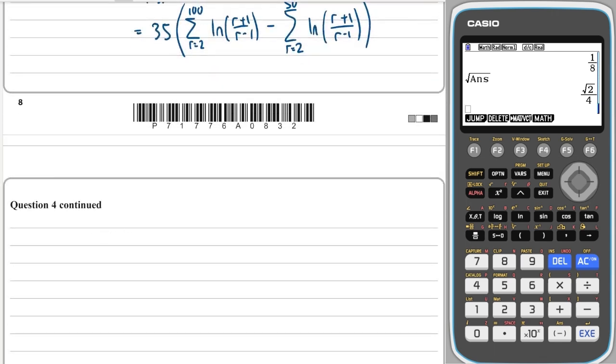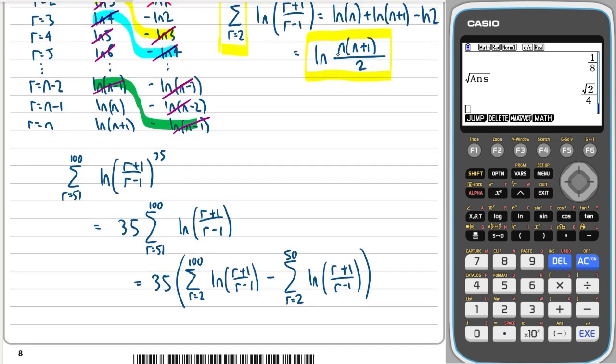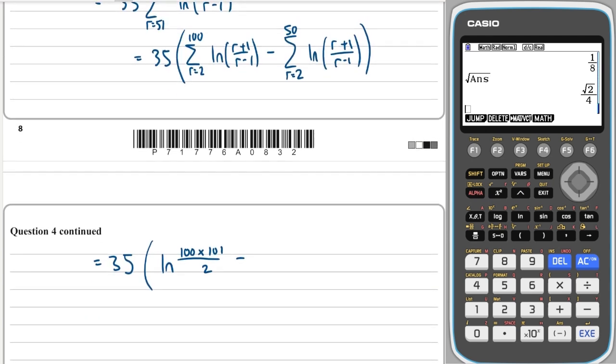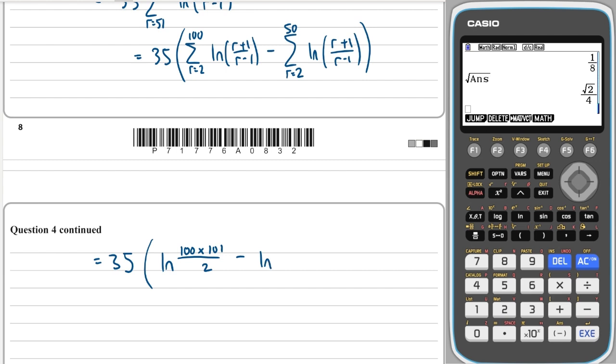So I can write that this is equal to 35, and we are going to 100, and the formula was n times (n plus 1) over 2. So it's ln of 100 multiplied by 101 over 2, minus, now we're going up to 50, so it's ln of 50 times 51 over 2.